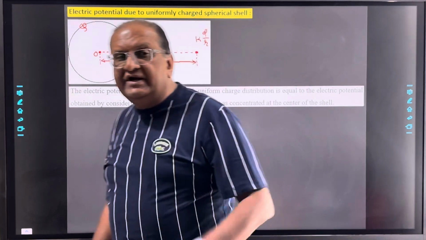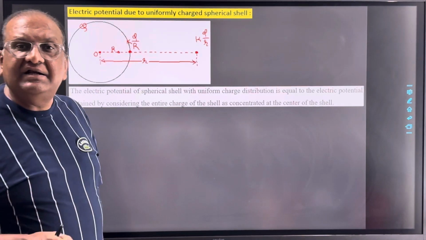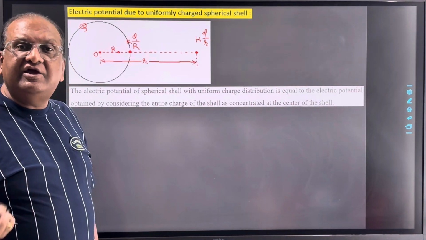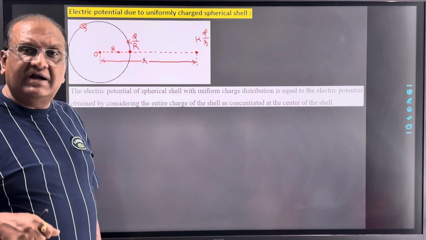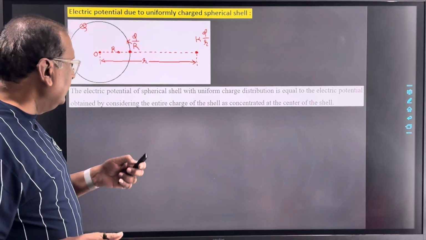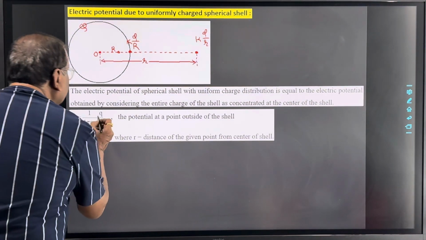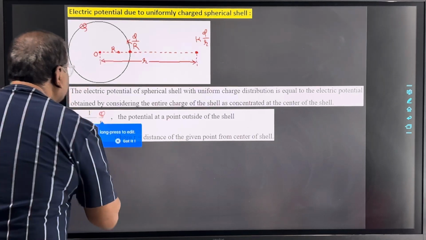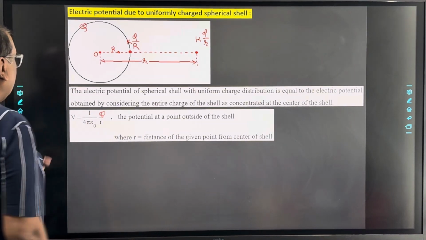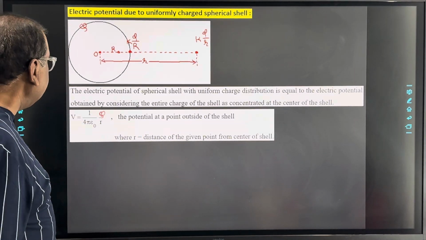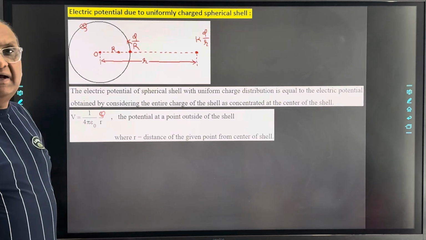So due to a point charge, the potential at a distance r is 1 upon 4 pi epsilon 0 Q by r. So we can write V equals 1 upon 4 pi epsilon 0 Q by r.